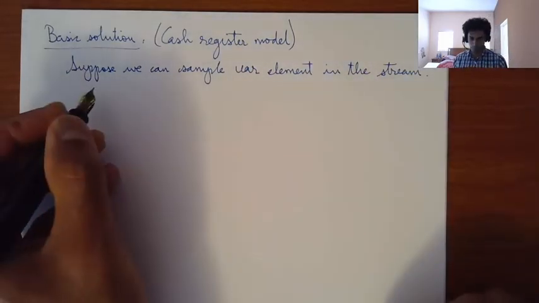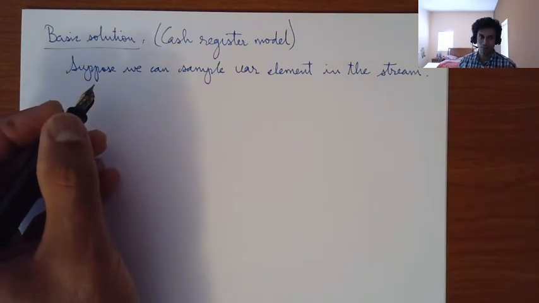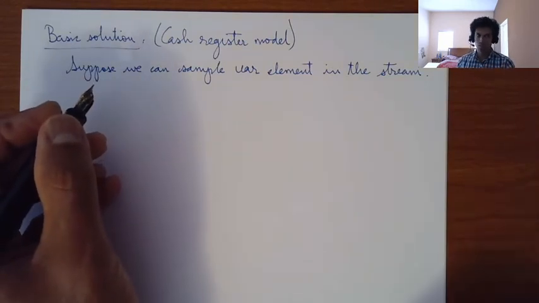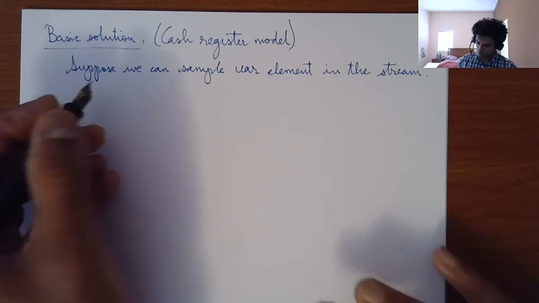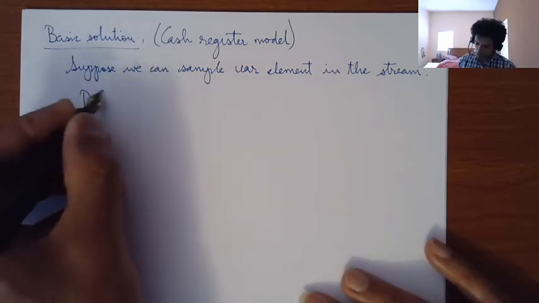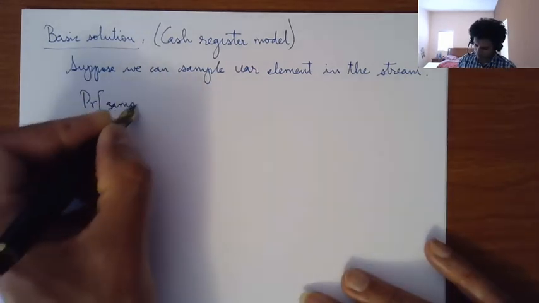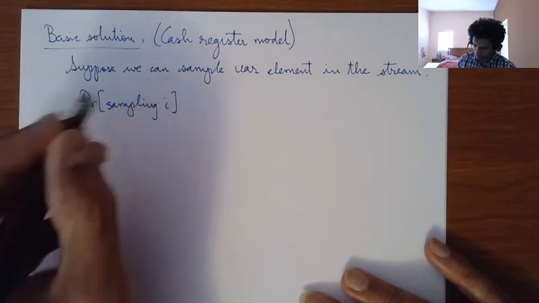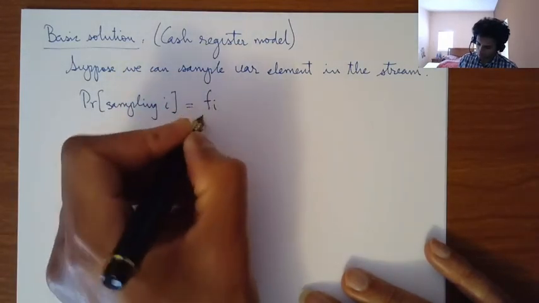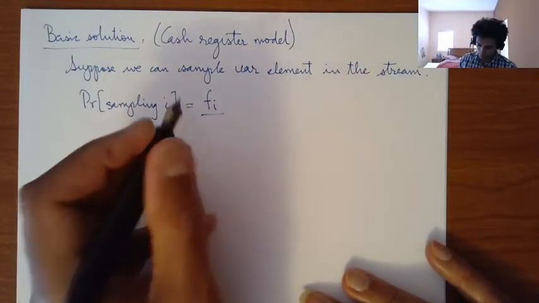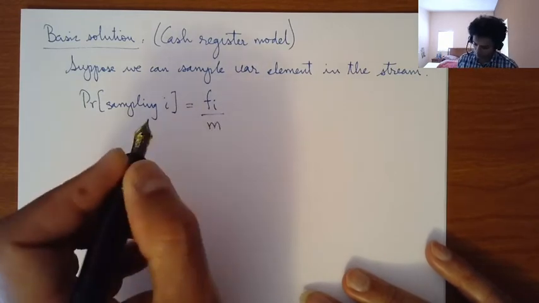So this is going to sample an element proportional to f of I, right? This is simply saying that the probability of sampling I should be f of I divided by m, right?